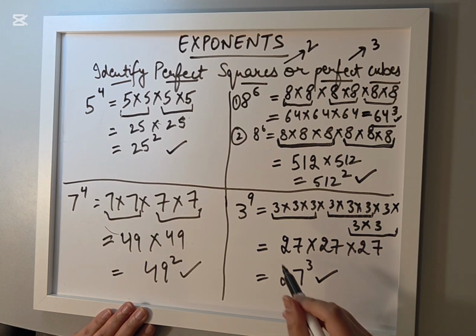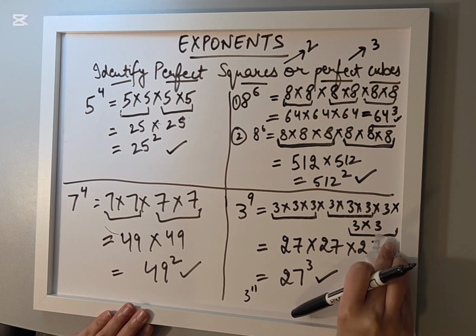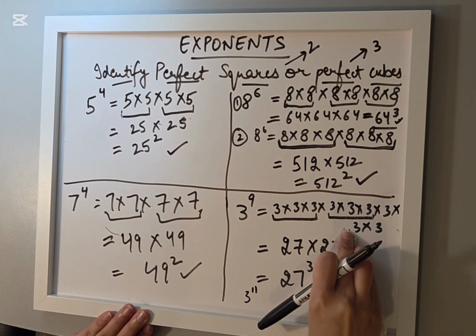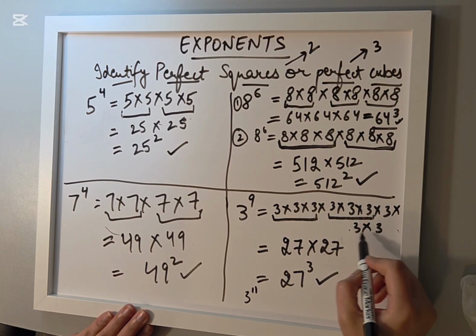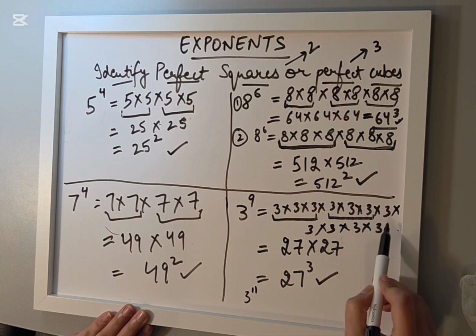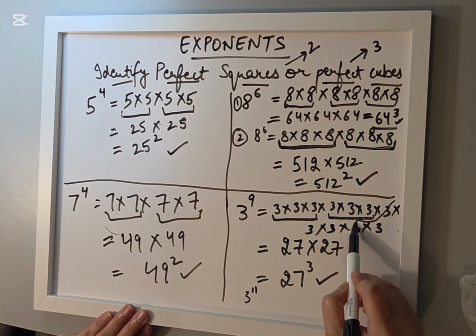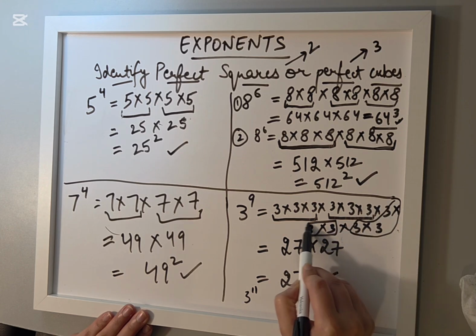So just giving you an example, suppose it was 3 to the power 11, right? So there would have been, suppose, two more threes. Okay, for example. So we could have made groups of 3, but these two would have been left.